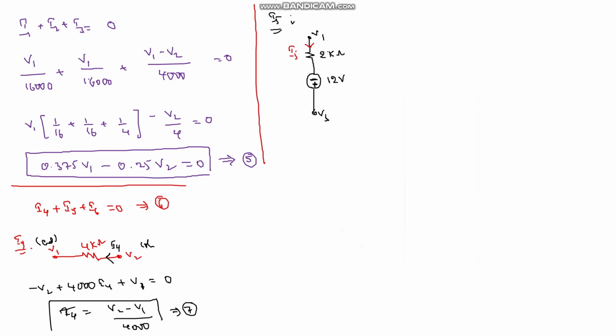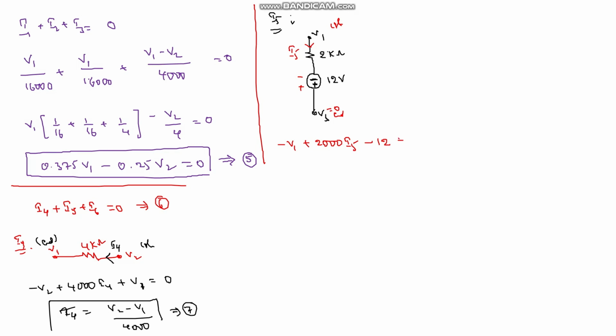This is I5. Now apply KVL. This is the starting point and this is the end point. Here V3 is the reference and equals 0. Minus V2 plus 2000 I5. Here I am traveling from negative to positive, that's why I am considering minus 12.